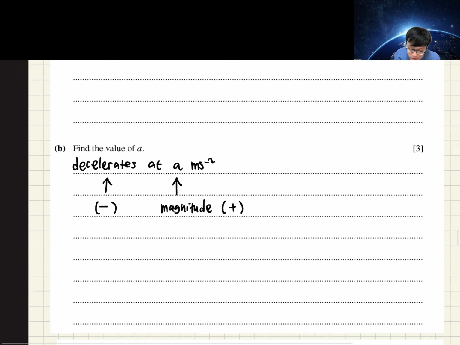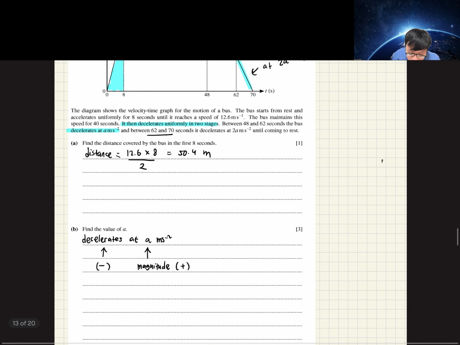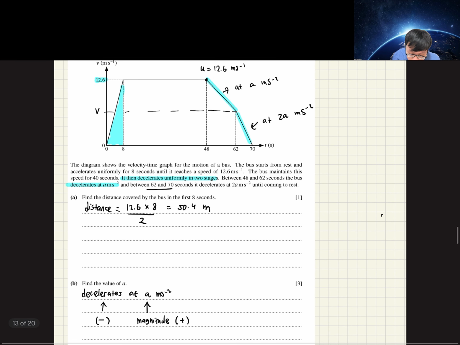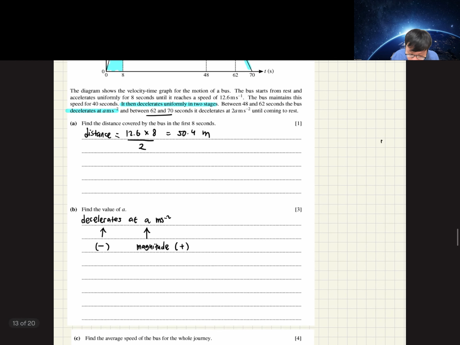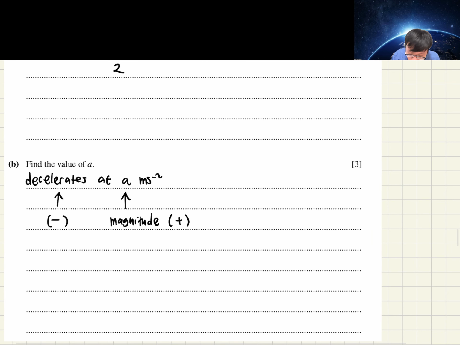It's very important because when we apply the SUVAT formula, we have U, we have time, and we want to find acceleration, and we want to use V to connect with the second stage. So we can use the first SUVAT formula, V equals U plus AT.